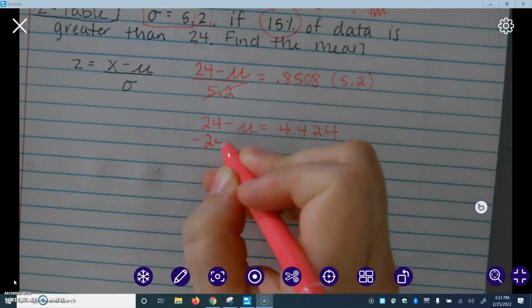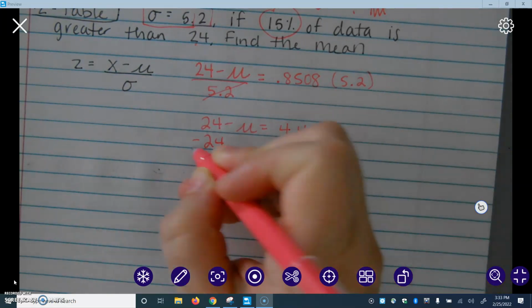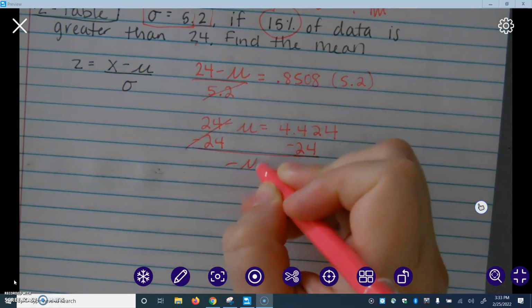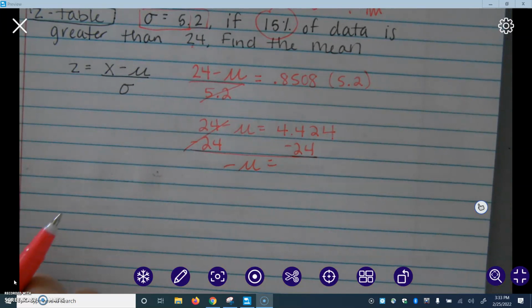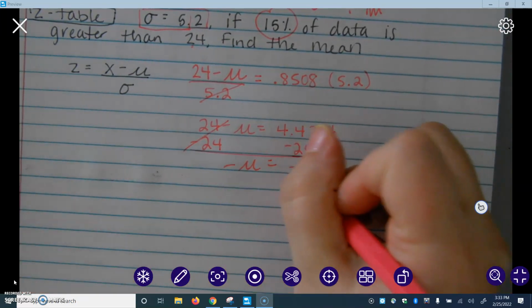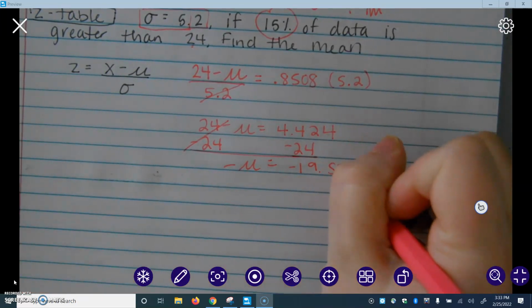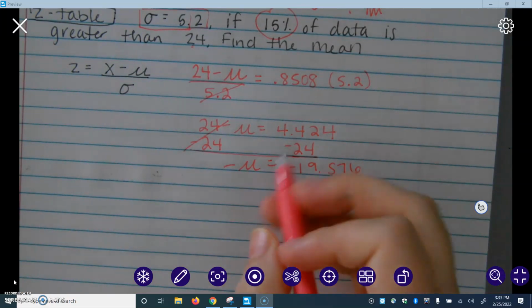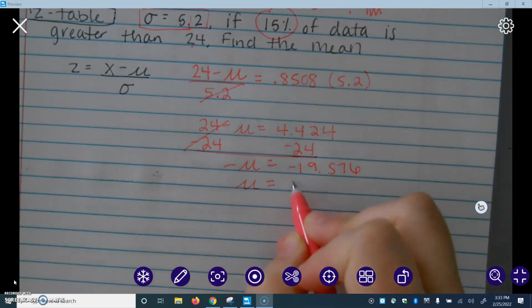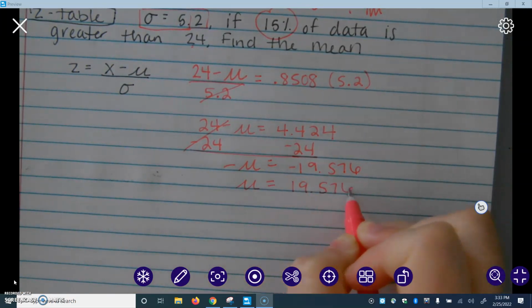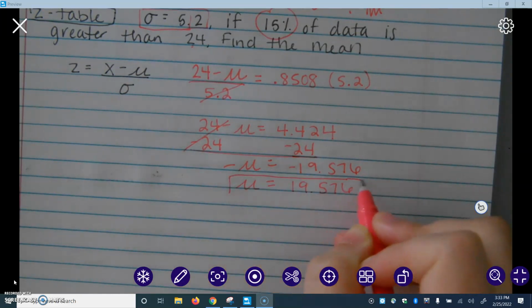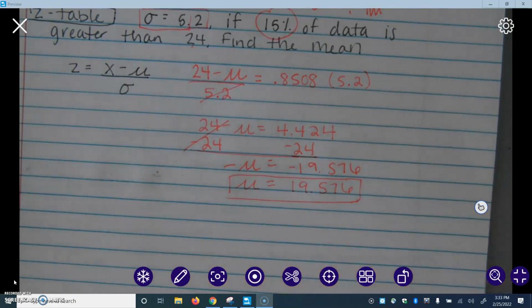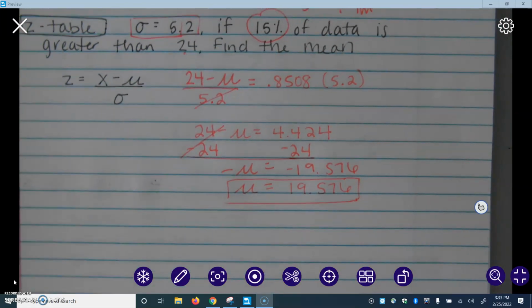And then I'm going to subtract 24. And then divide both sides by -1 so that my mean is positive. So my average for whatever this context was, my mean was 19.576.